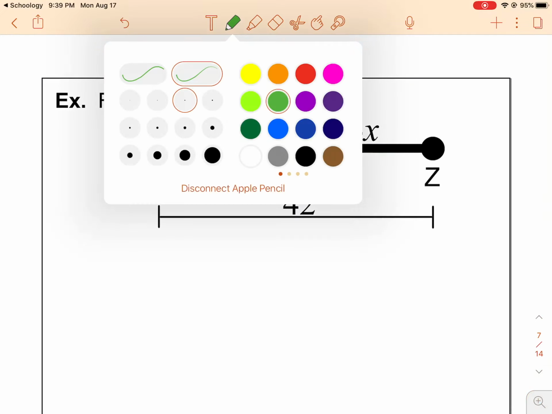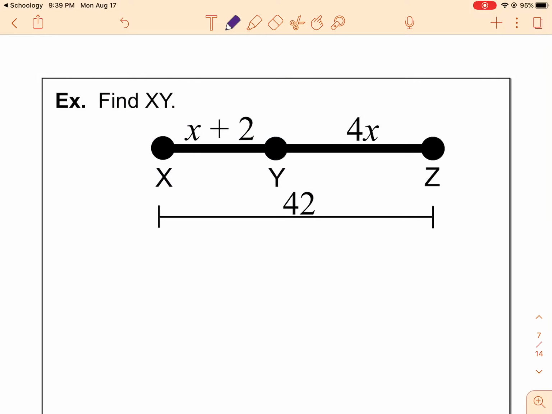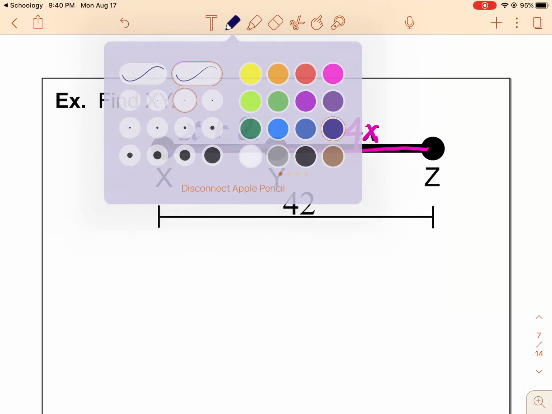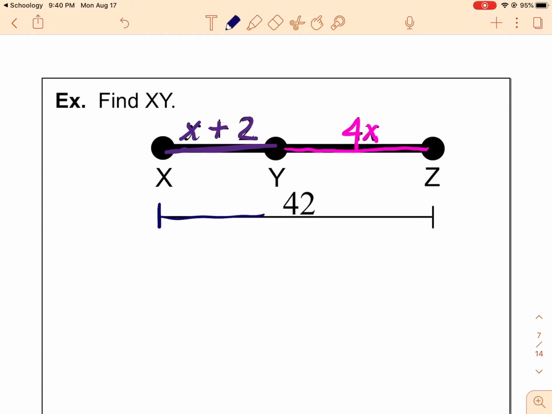Now we incorporate some of the algebra here. Same exact idea. They're telling us that x plus 2 is this little part right here. Then they're telling us this part is 4x. So we know that the total has to be this 42.